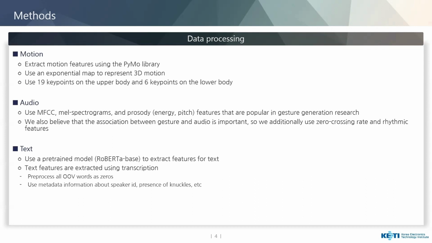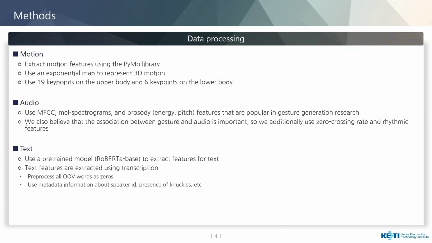We also used data from 19 key points extracted from the human upper body and 6 key points extracted from the human lower body. For audio, we used MFCC, mel spectrograms, and prosody, features that are commonly used in gesture generation research, with additional zero crossing rate and rhythmical features that we believe are relevant to gestures.